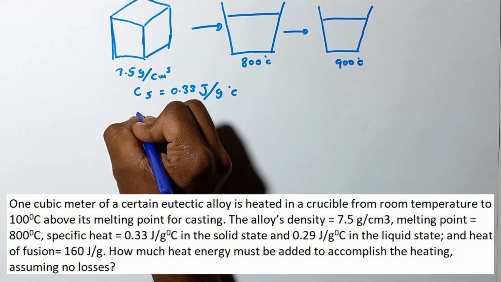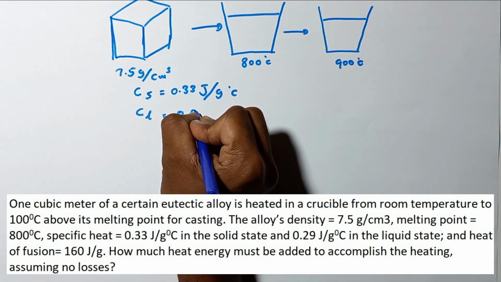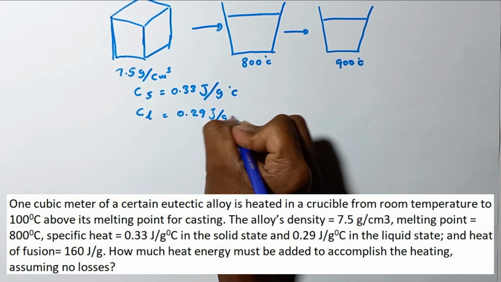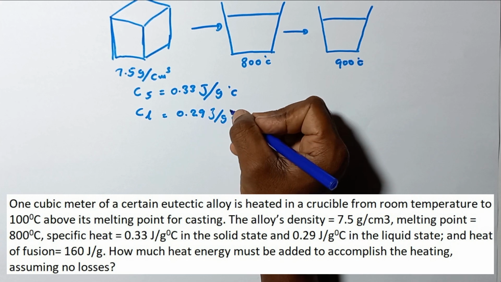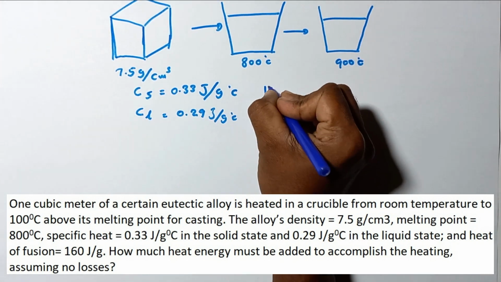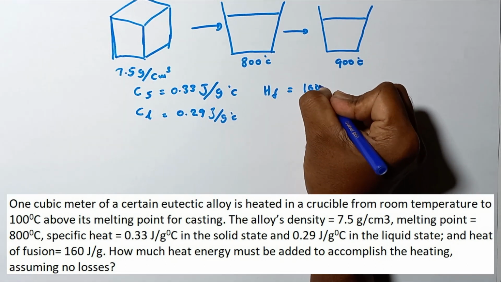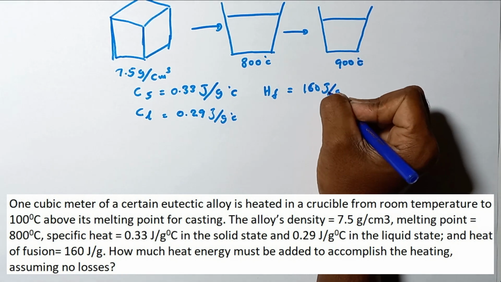and for the liquid state, that is equal to 0.29 joules per gram Celsius, and the latent heat of fusion, Hf, is equal to 160 joules per gram.